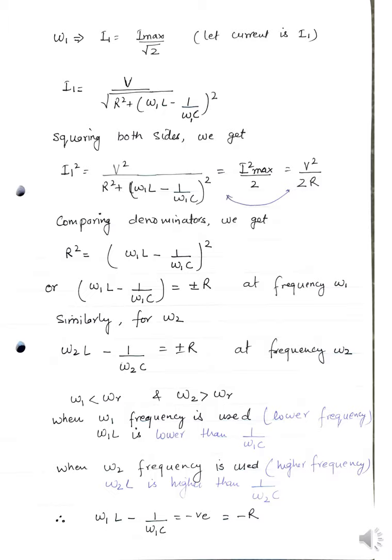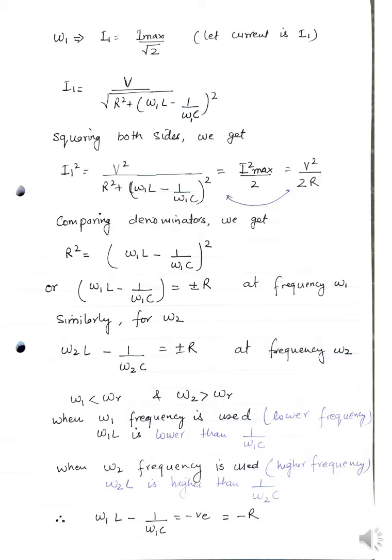Squaring both sides, we get I1 square is equal to V square divided by the square of this term, so the root will go away. Then as we know that this is equal to I max by root 2, so we can write it as I square max by 2. Why? Because we square it. So we can say that it is equal to V square upon 2R. How is it coming equal to 2R?